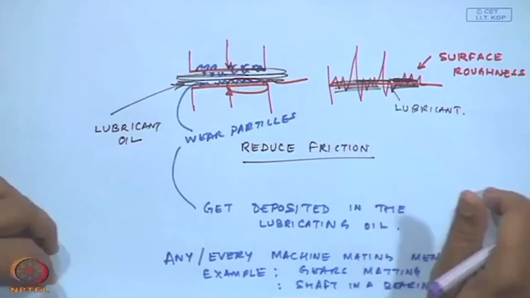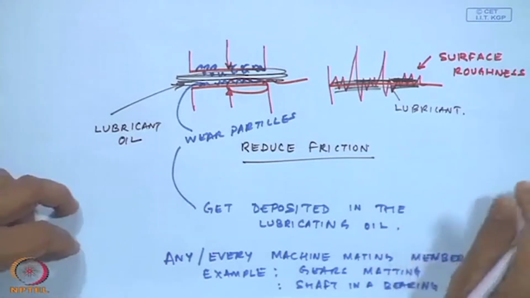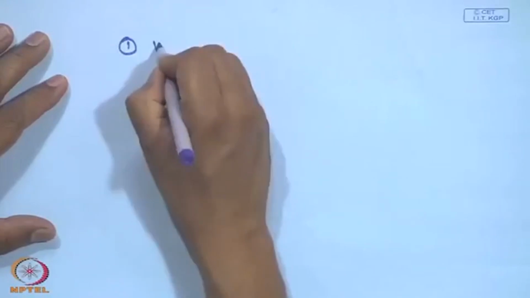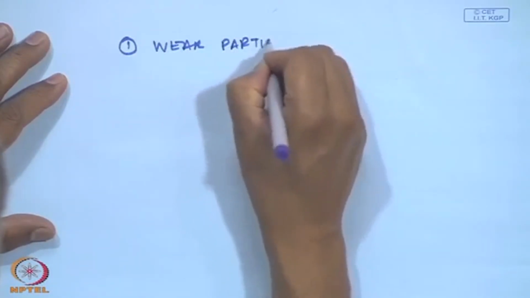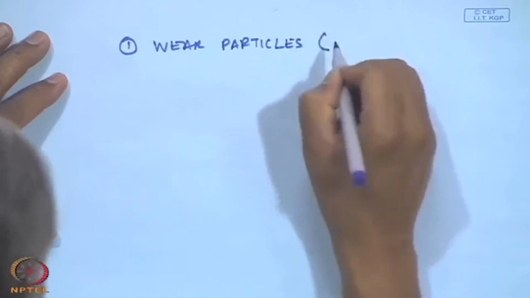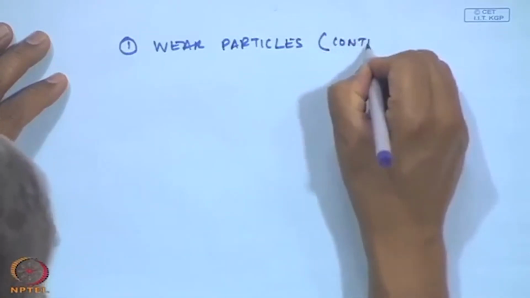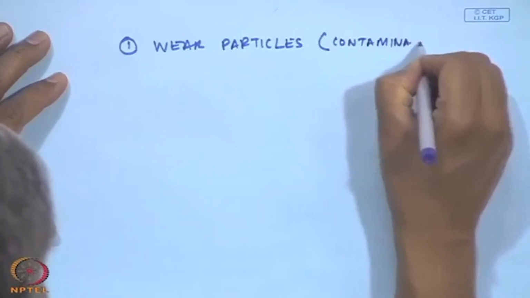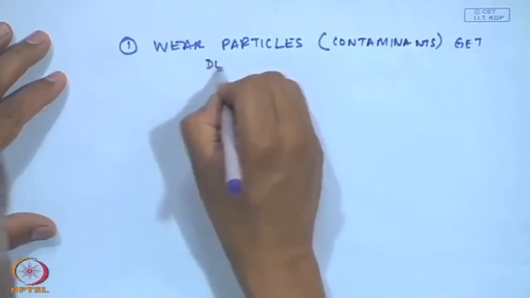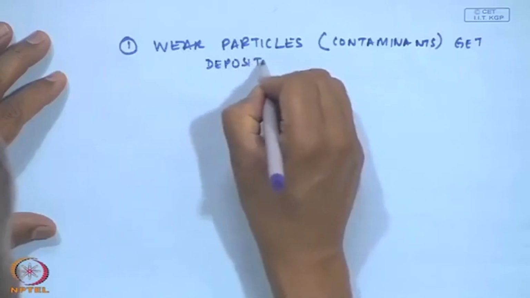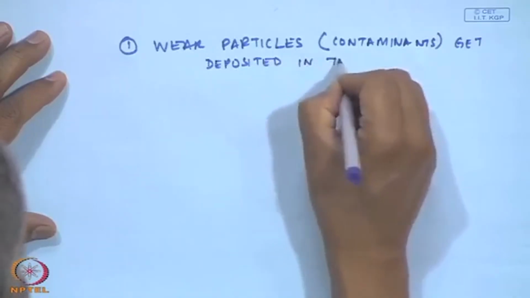So, two important things happen. Number one, because of such a process, the wear particles, which we call the contaminants, get deposited in the oil.